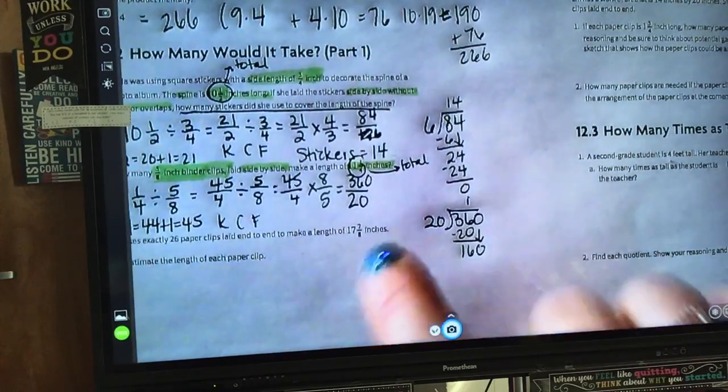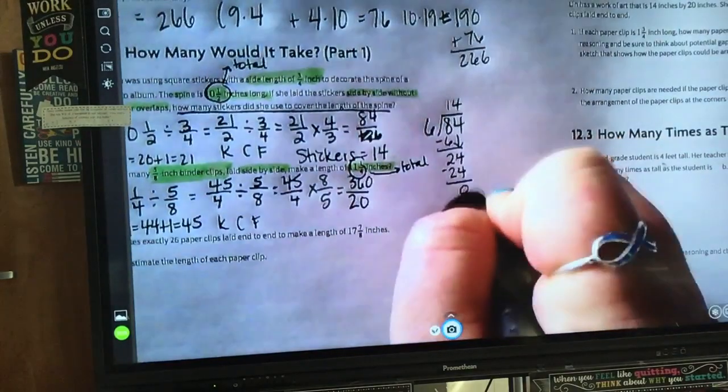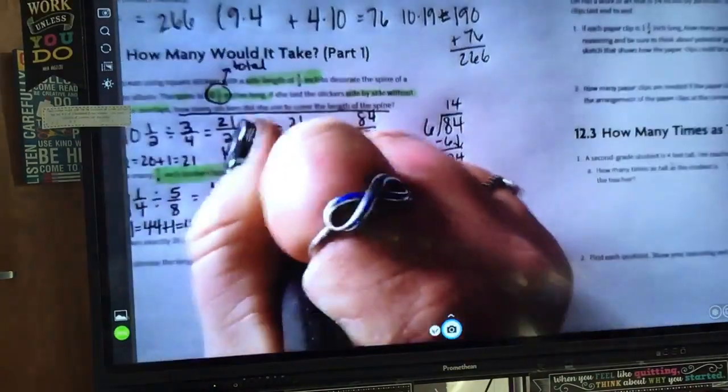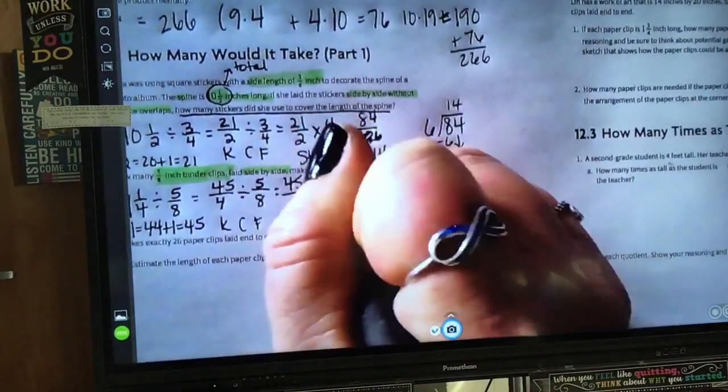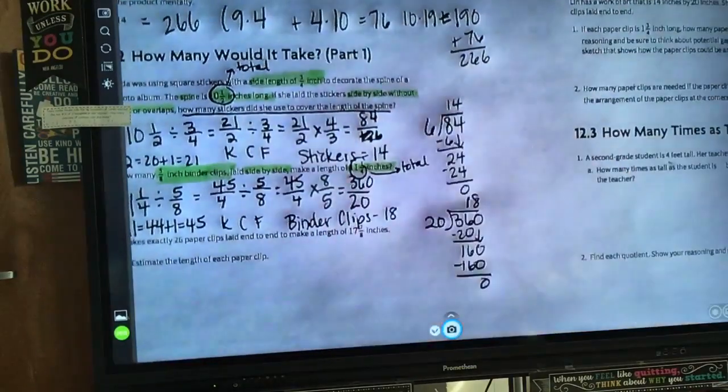Close. What times 2 gives you 16? You said 8, right? All right, so your answer for the binder clips is 18.